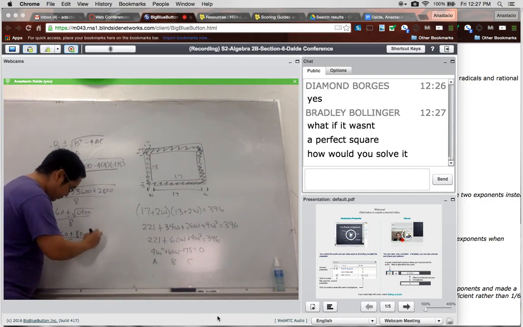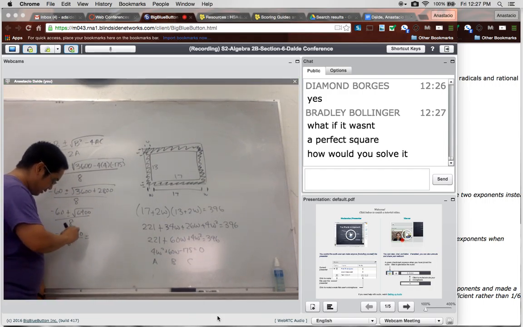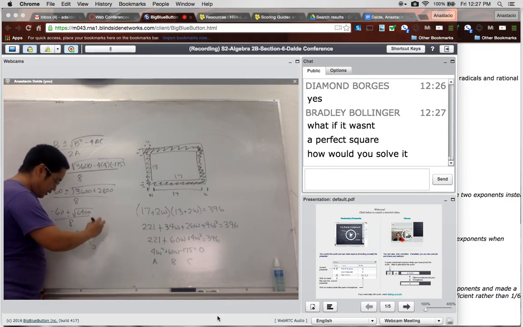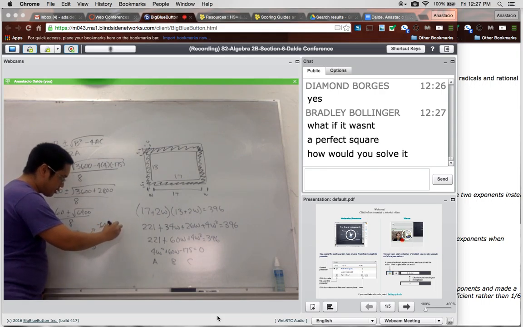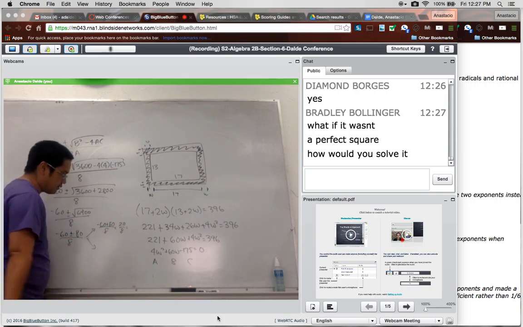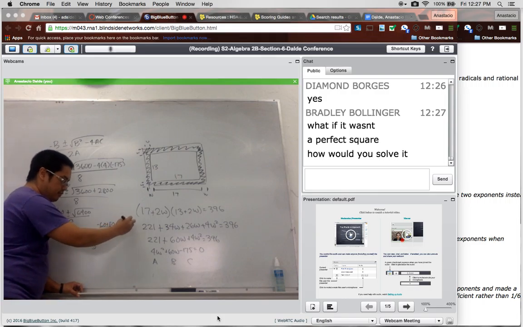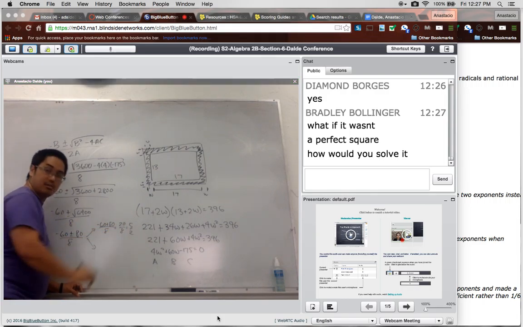this is equal to, well, let's consider the plus version. Negative 60 plus 80 over 8, which is also known as 20 over 8, which is also known as 5 over 2. Agreed?